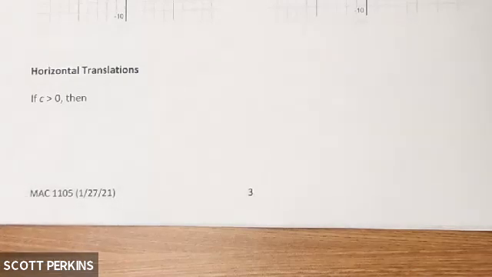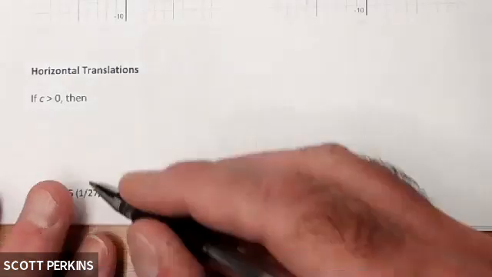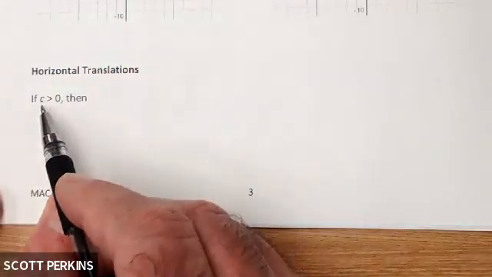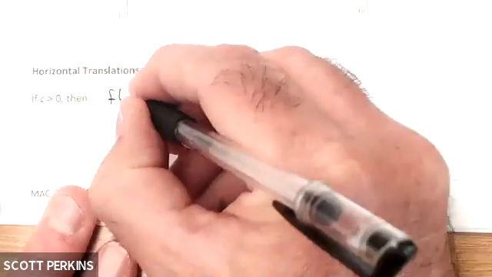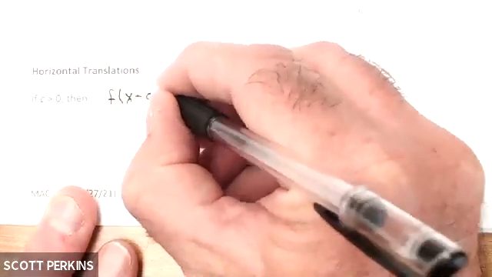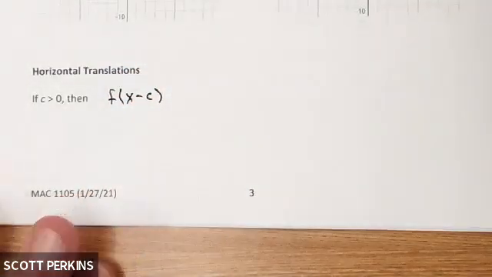Now, here's what you got to be careful of. The horizontal translation is not quite as intuitive as the vertical, right? Vertical plus meant up, minus meant down. Be careful. So for instance, if my constant is positive, then f of x minus c. Notice first that this time the constant is being applied directly to the x.